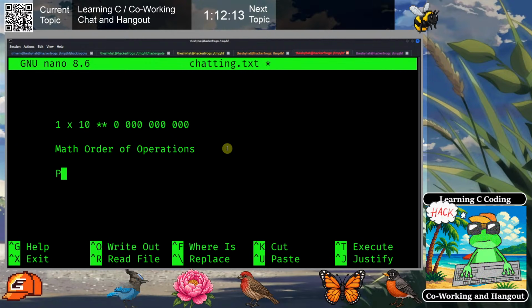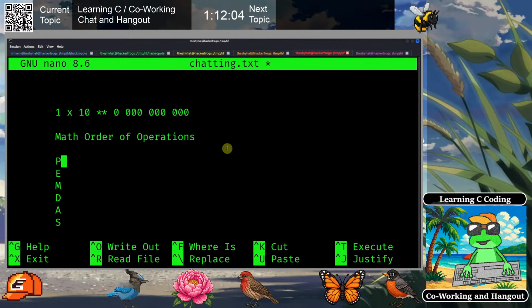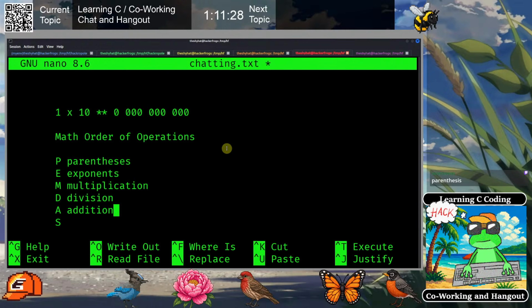So I was always taught PEMDAS. So it is parentheses, and then exponents, and then multiplication, division, addition, and subtraction.